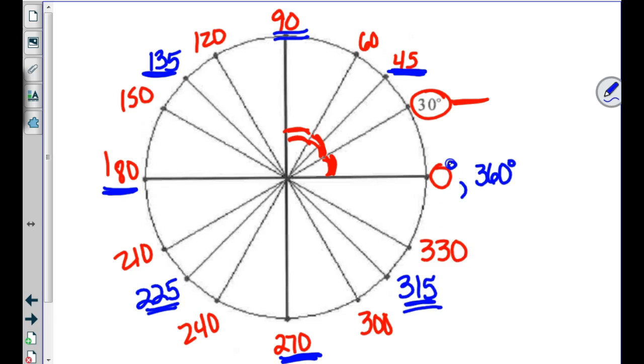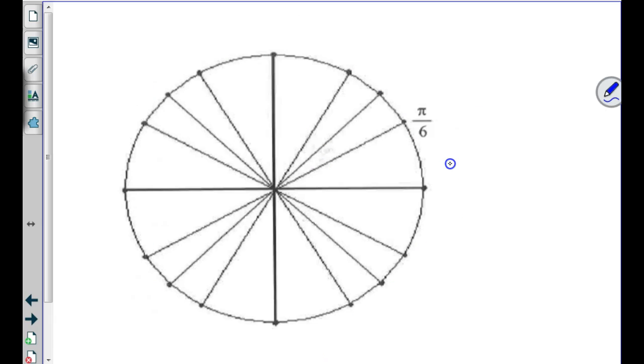Now, converting those to radians becomes a fraction issue for most students. Remember, 180 degrees over here is pi radians. So if I cut it in half up here, I'm at pi over 2. If I cut that in half again, I'm at pi over 4.